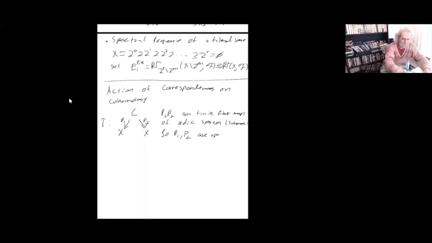And I'm going to assume that they're finite flat so that P1 and P2 are open on the underlying topological spaces, open and closed. And of course, there's going to be some slight problem in our setup when we're working with toroidal compactifications of Shimura varieties, but this is only a problem at the boundary, and I'm just not going to talk about the boundary much at all. So let's not worry about that.